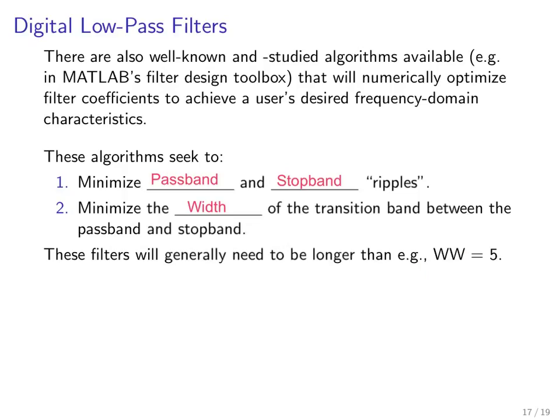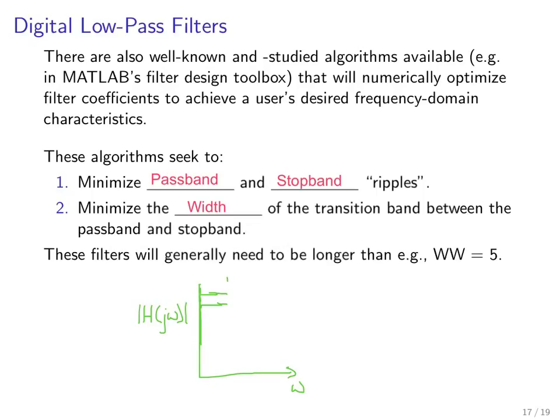But let me try to illustrate what I mean by these ripples. So if we plot a transfer function here, see the magnitude of a transfer function as a function of omega, of frequency, then we have some region that corresponds to the passband.